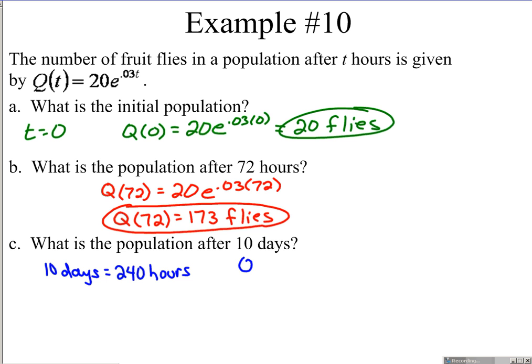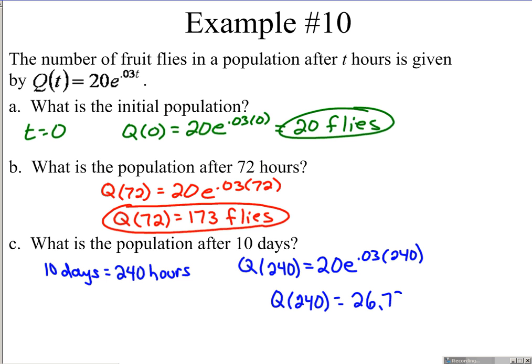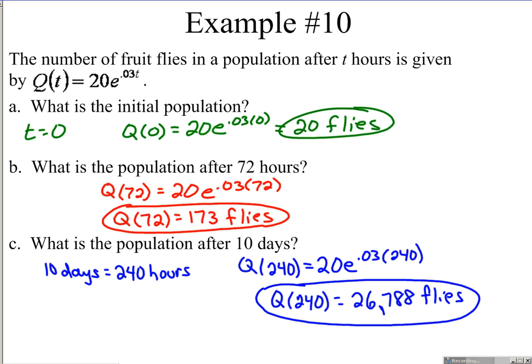So now we're finding Q of 240, which is going to be 20 times e to the 0.03 times 240. Plug that into your calculator. Q of 240 is 26,788 flies.